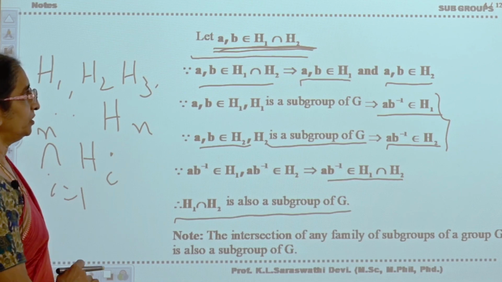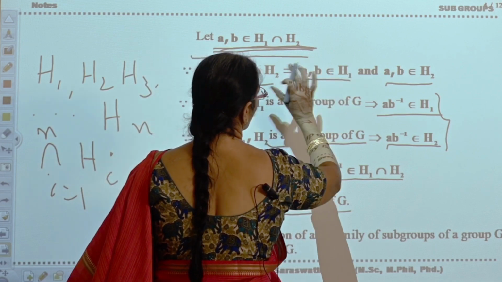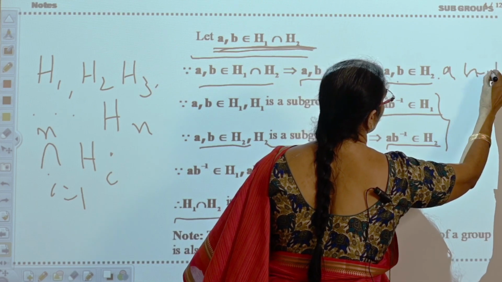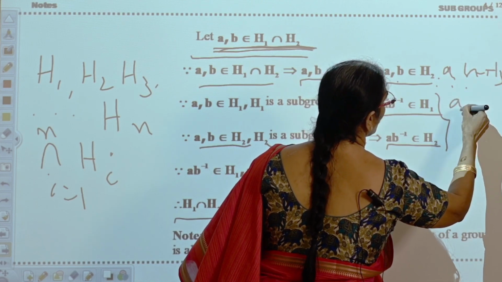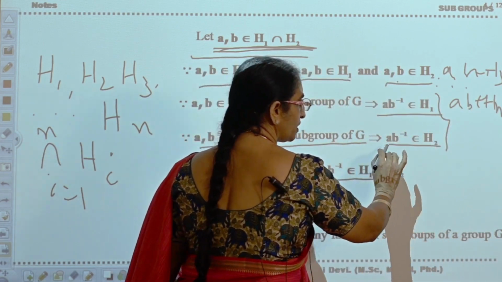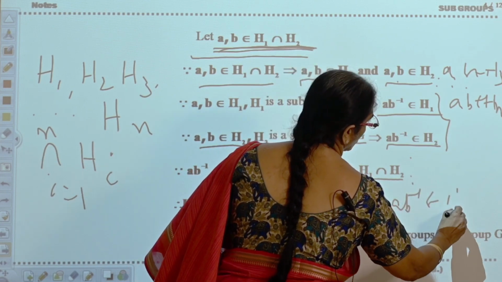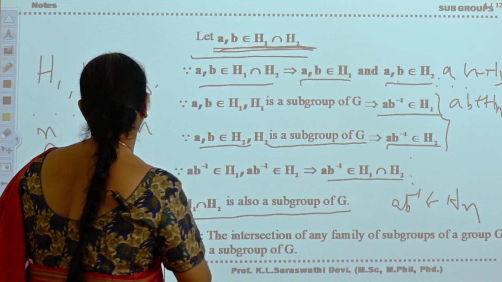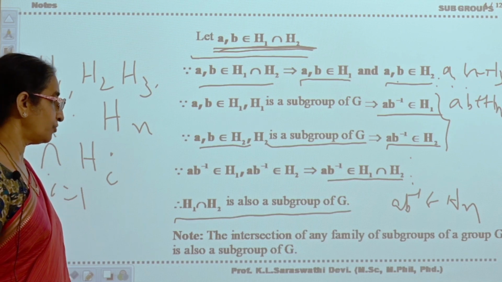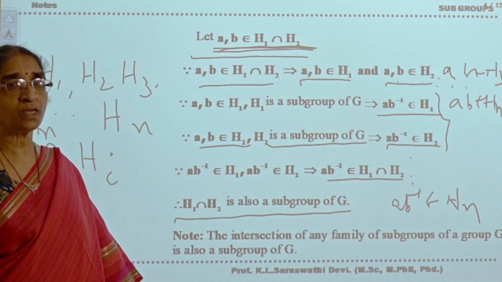Now, a, b belongs to it means a, b belongs to H1, a, b belongs to H2, a, b belongs to H3 and so on, a, b belongs to Hn. So ab inverse belongs to H1, ab inverse belongs to H2 and so on, ab inverse belongs to Hn. Therefore, ab inverse belongs to the intersection of Hi, i equal to 1 to n. Therefore, the intersection of a family of subgroups of a group is a subgroup.